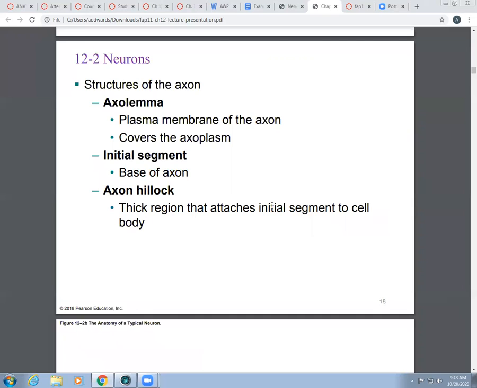And in the axon it is called axolemma. And it provides a level of covering over your axoplasm. The base of the axon is known as the initial segment of the axon. And the axon hillock is your region that's very thick and attaches the initial segment to the cell body.